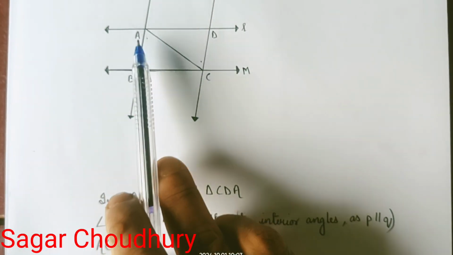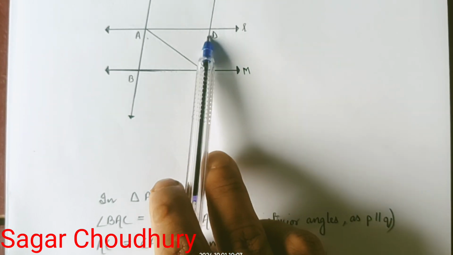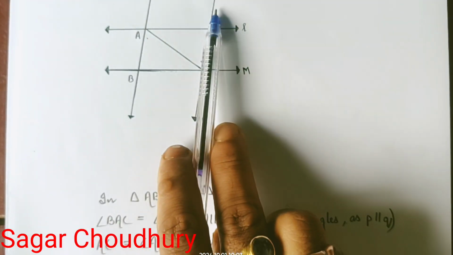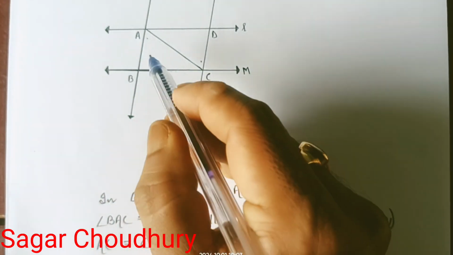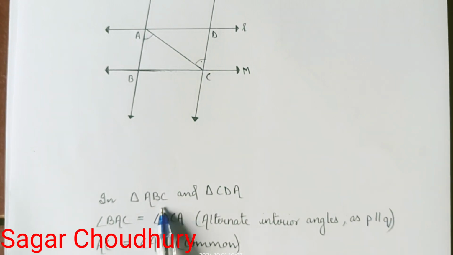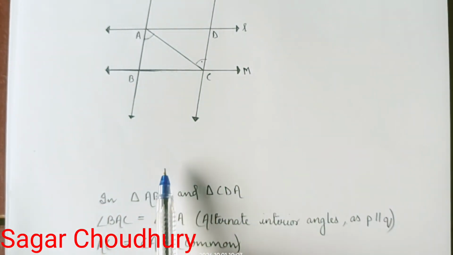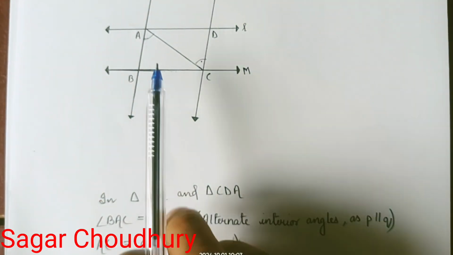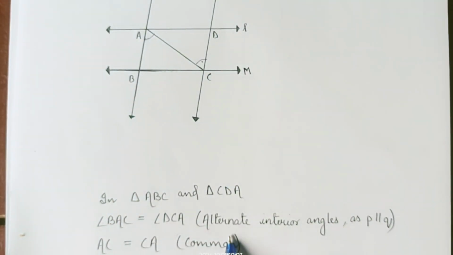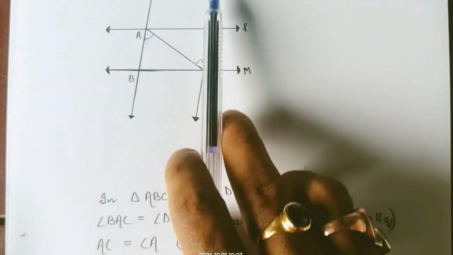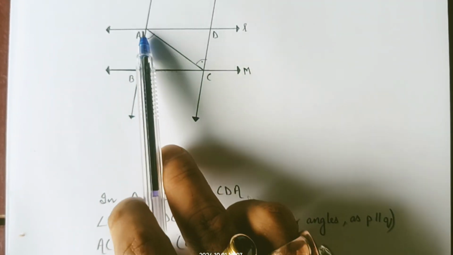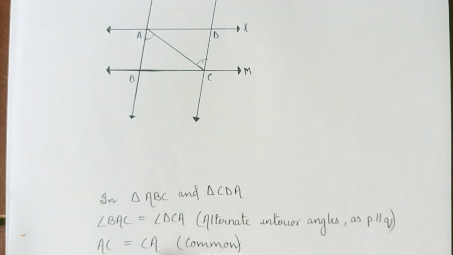Here if you consider triangle ABC and CDA, as we have to show that these two triangles are congruent, first of all P is parallel to Q and AC is the transversal, so we can consider this angle equal to this angle. So we can write in triangle ABC and CDA, angle BAC equal to DCA because these are alternate interior angles since P is parallel to Q. Again, in both the triangles AC side is present, so we can write AC is the common side, AC equal to AC.